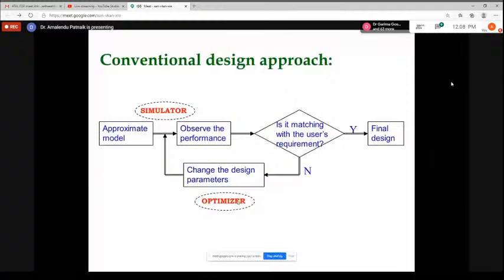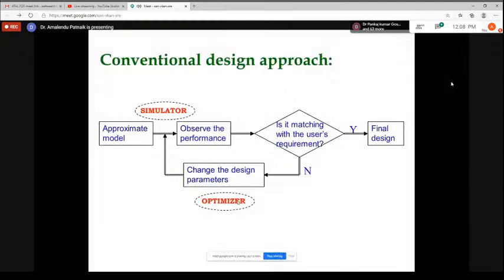Now, why should one go for using meta-heuristics at these two places? Because having a simulator is a costly affair, and each simulator has its own simulation time.